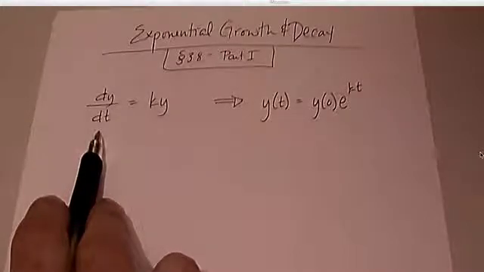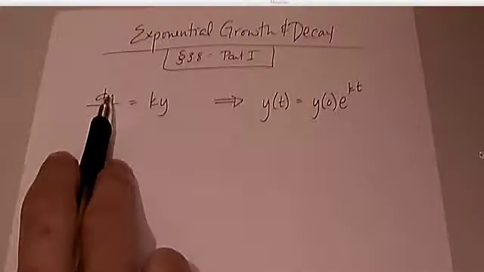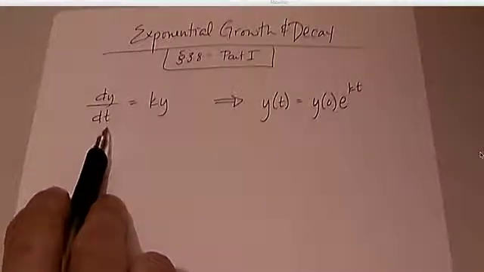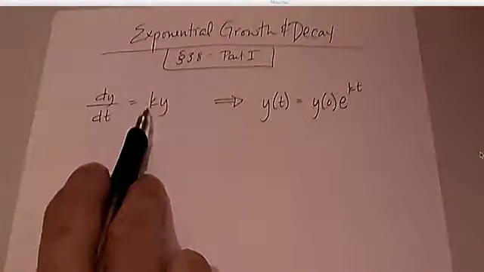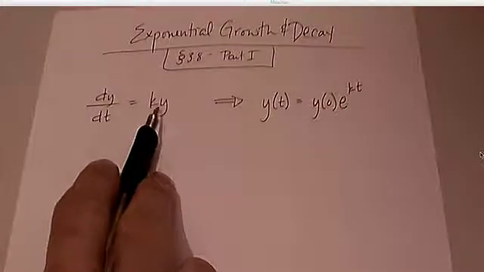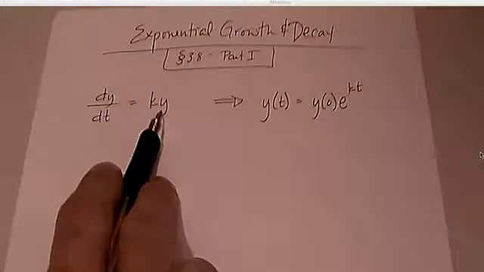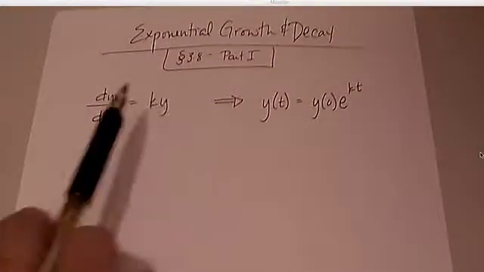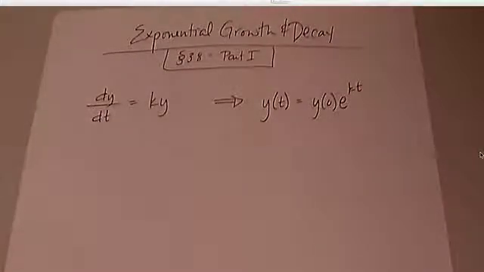But this basically says the rate at which y changes with respect to t is directly proportional to y, which is another way of saying, okay, if I said you have a petri dish full of bacteria, they double every hour, how many do you have after 5 hours?